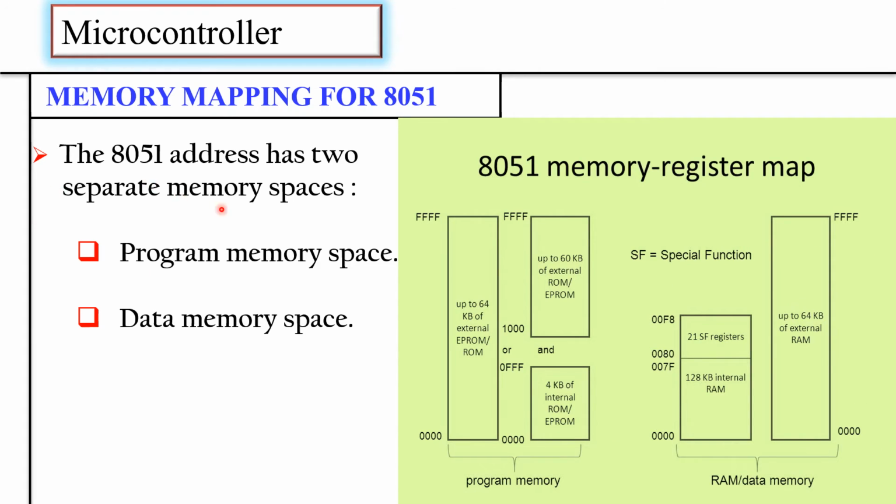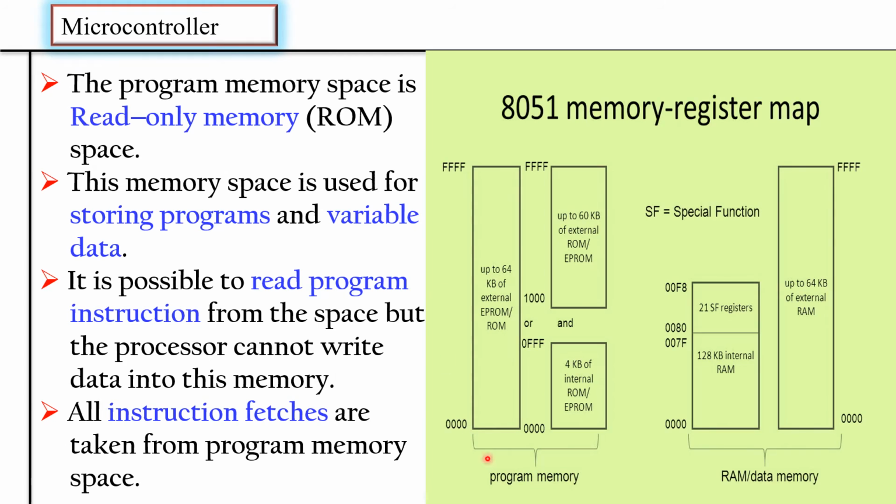So 8051 has two separate memory spaces, that is program memory space and data memory space. The program memory space is a read-only memory space. Read-only means you can only read from it, but you cannot write into it. It is used for storing the program and variable data.